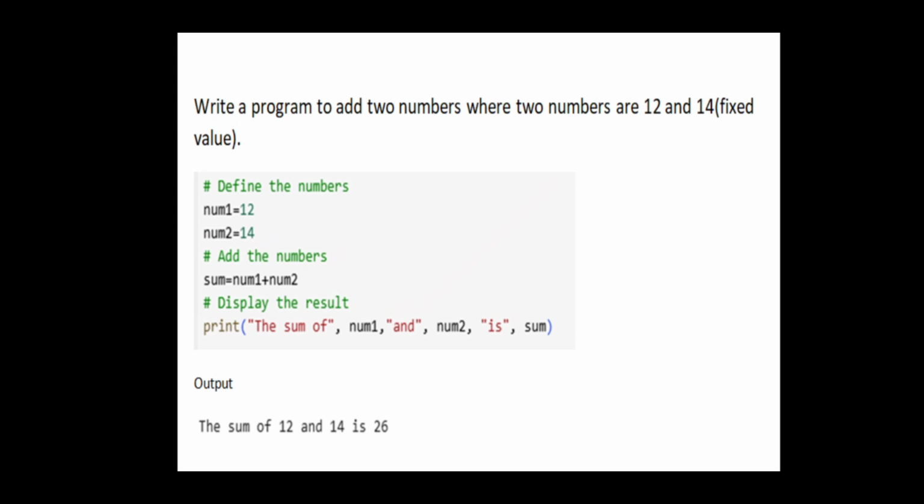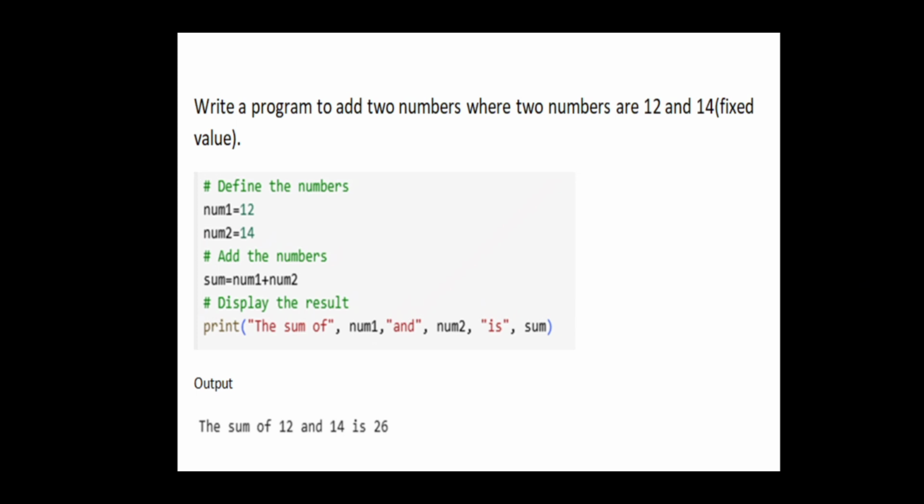Now we add these two numbers using the plus operator and store the result in a new variable called sum. That's why we have written sum equal to num1 plus num2. And finally, we use print function to show the result to the user.